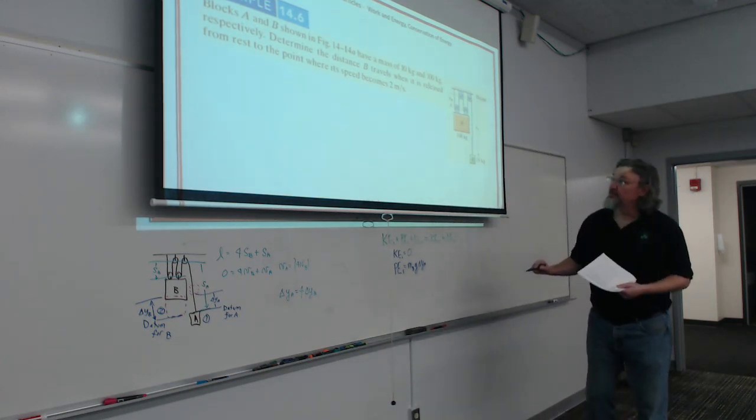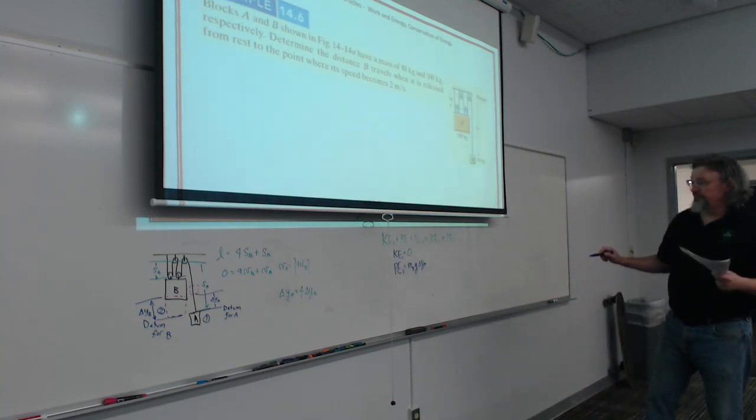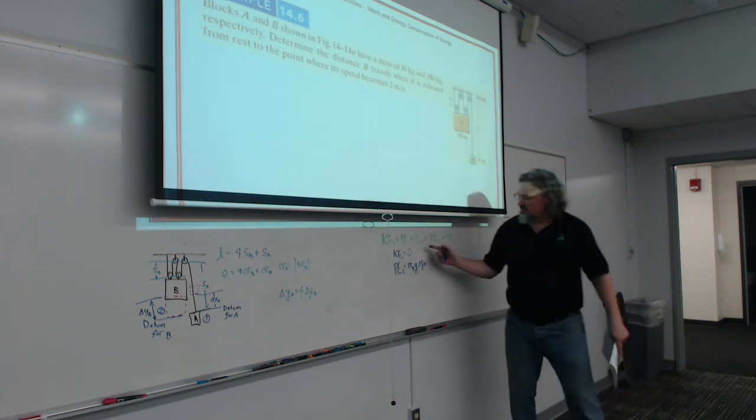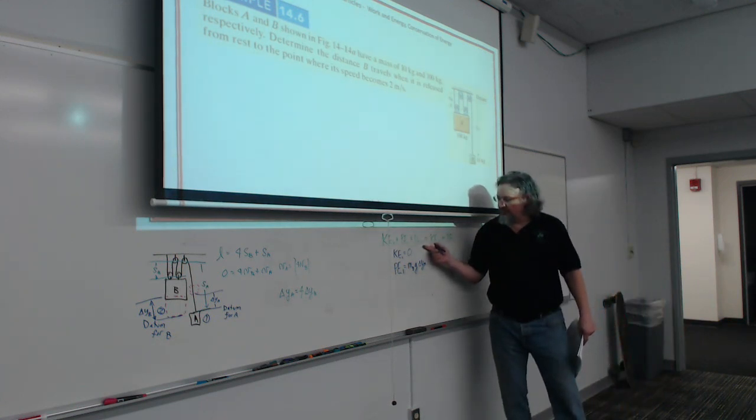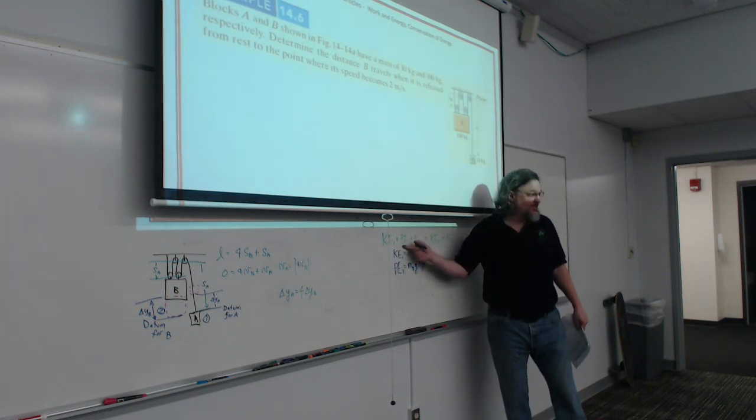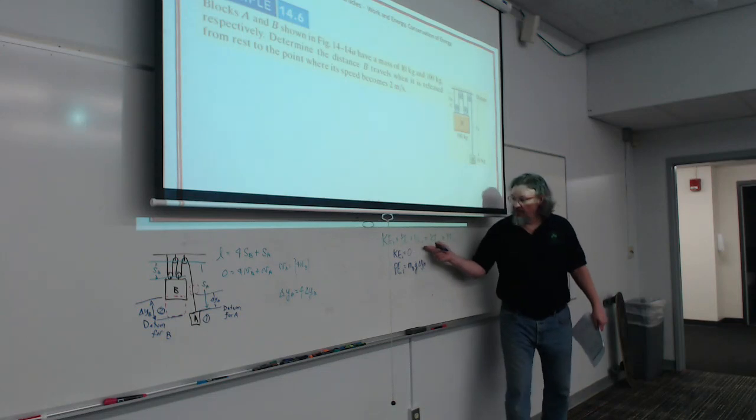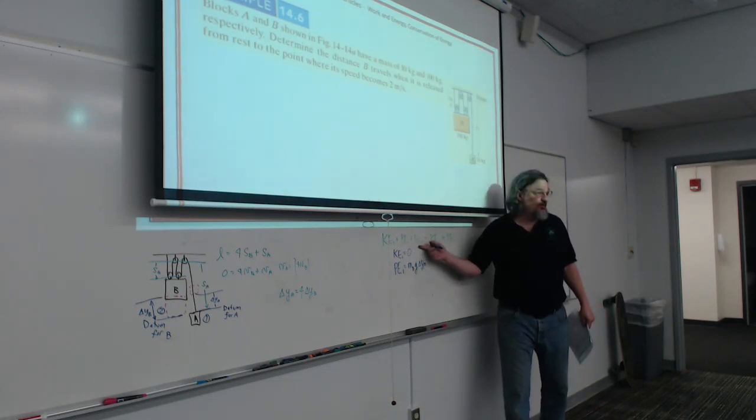I'm looking at the solution here, and they decided to use those as work. Just be aware that in the first part of Beer-Johnston chapter 13, instead of referring to something as potential energy, they refer to gravity times the weight as a force and consider that part of the work.